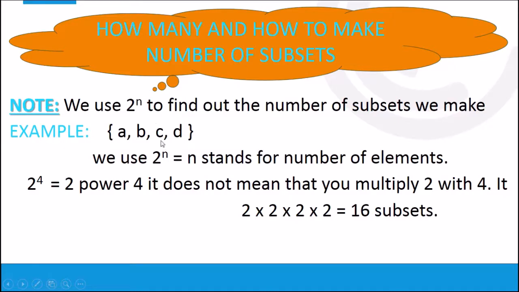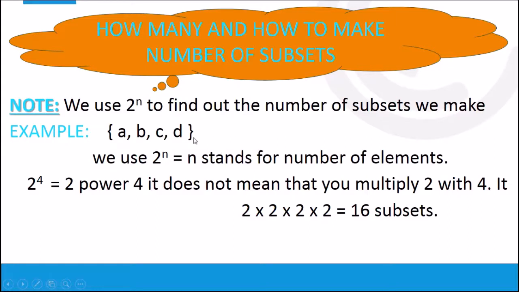There are 4 elements. Again I am telling you, subsets means you have to make separate sets. So in your mind I think you have to make how many subsets? 4, because there are 4 separate elements, so 4 separate subsets.